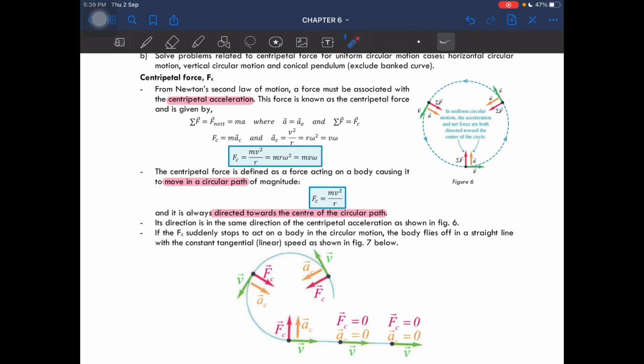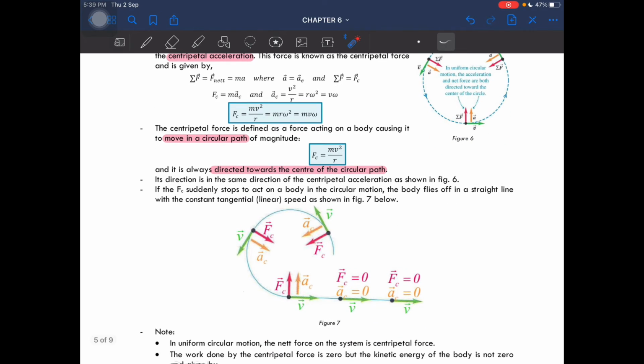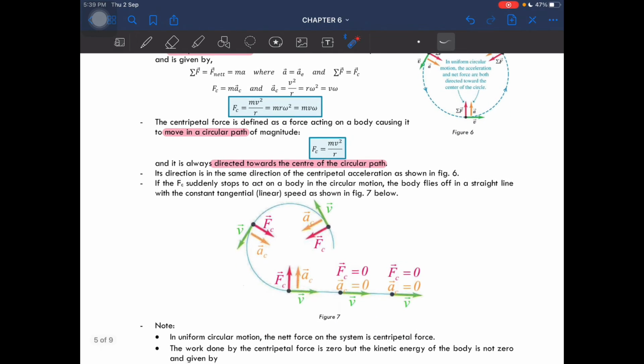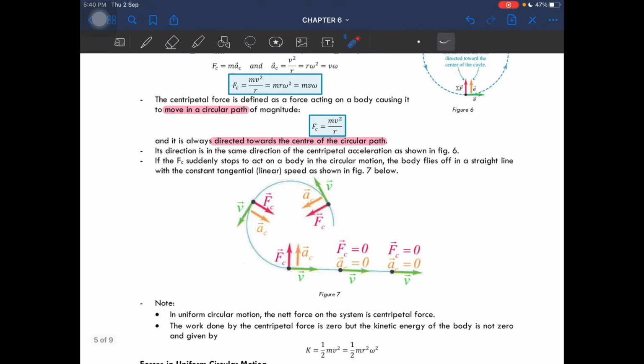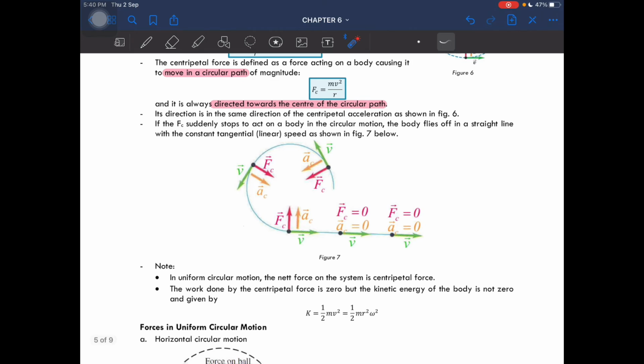Right. So if the centripetal force suddenly stops, remember this force is causing the object to move circularly. Then what happens if it suddenly stops? There's no force causing the object to move circularly now. So what happens is the object will then move linearly.